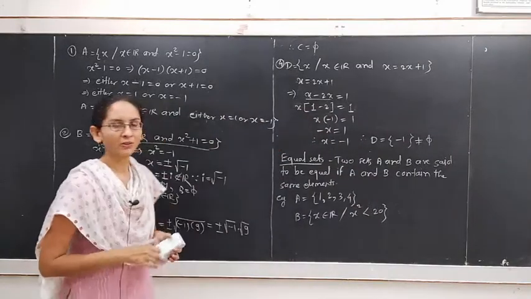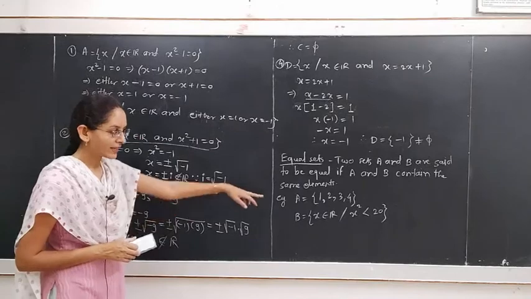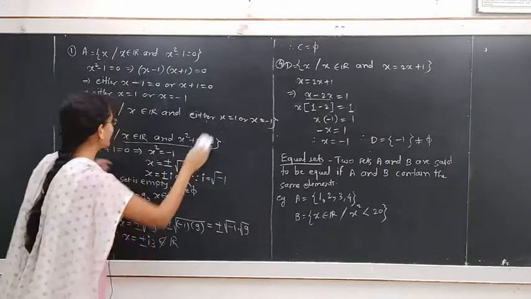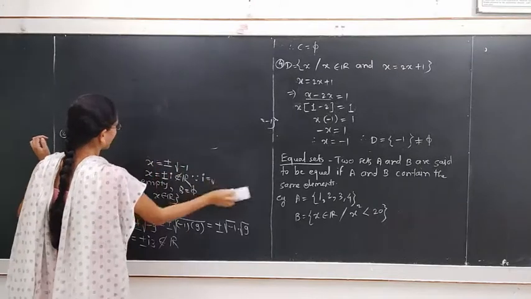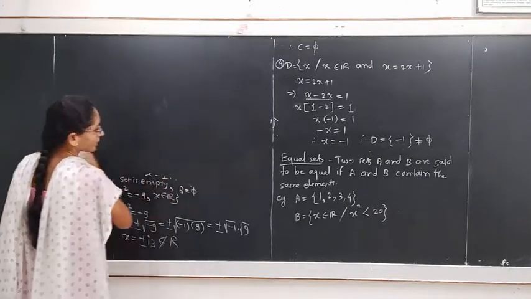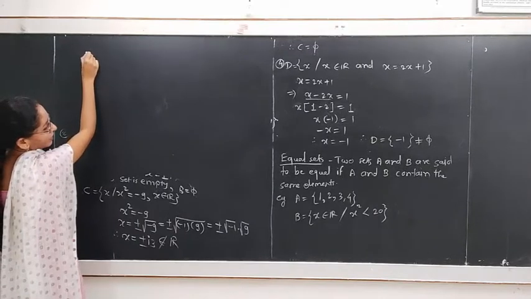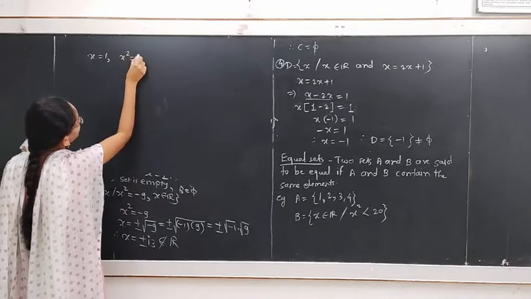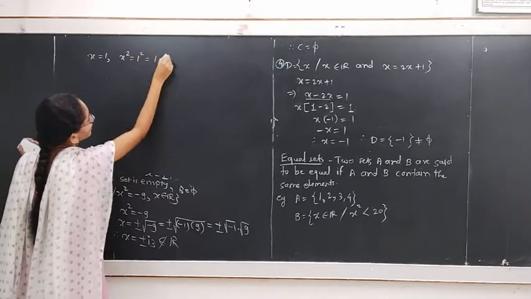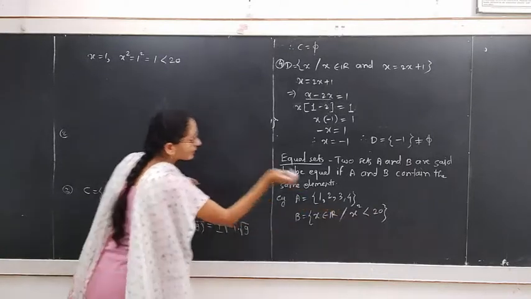We know that square of any negative real number is again a positive real number. In set B, if we consider x is equal to 1, then x square is equal to 1 square, which is 1, which is less than 20. We want this square to be less than 20.